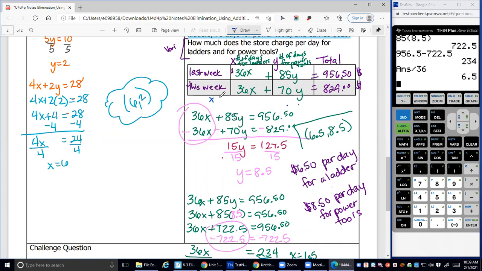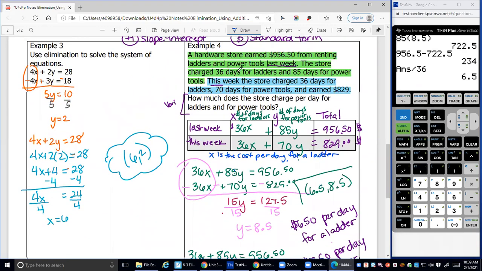X is the cost per day for a ladder. Do you see why it's not the number? Because what they're telling us when they say 36 is 36 days. That was the number of days.